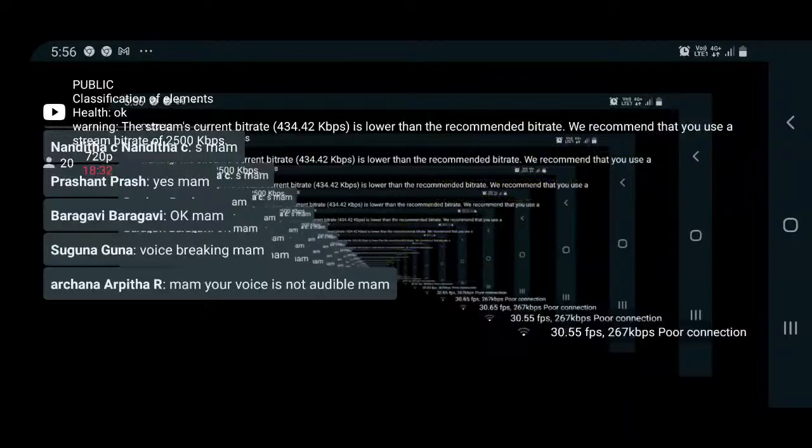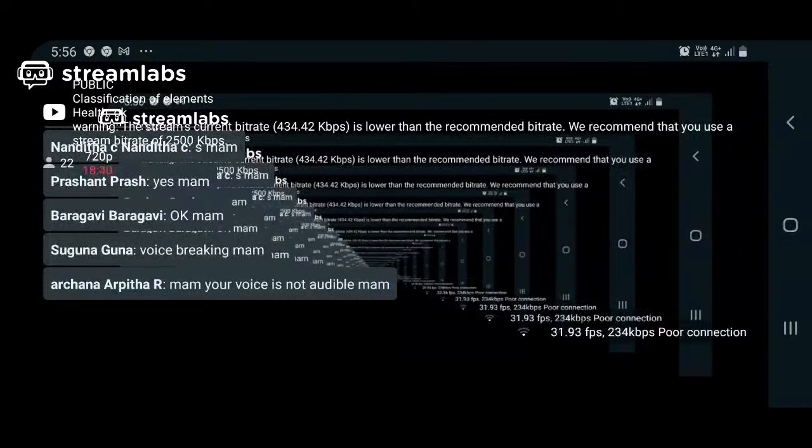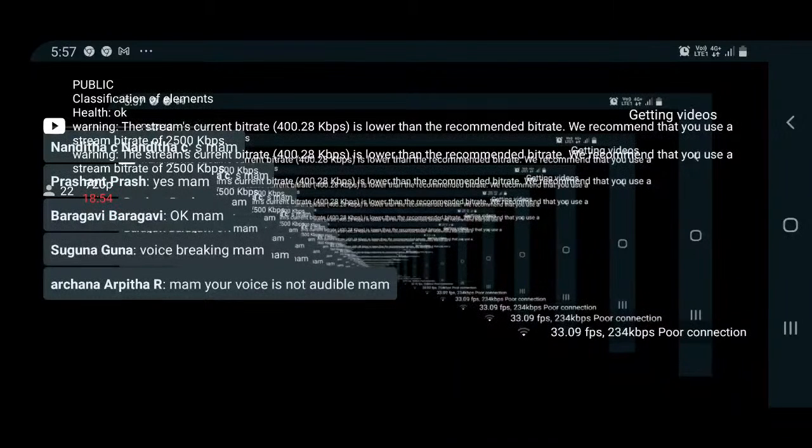I hope the example was clear. I'll repeat once again. Lithium, sodium, potassium. Among these three, lithium will be A, sodium will be B, and potassium will be C. Okay. And how to calculate? A plus C divided by 2.